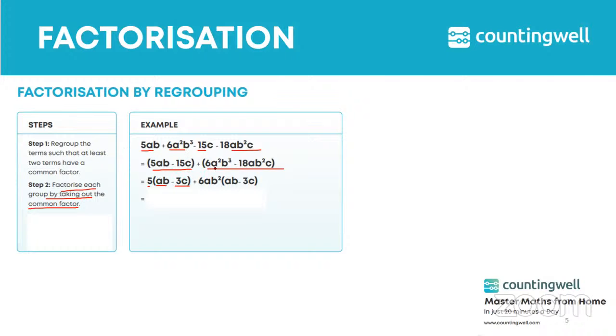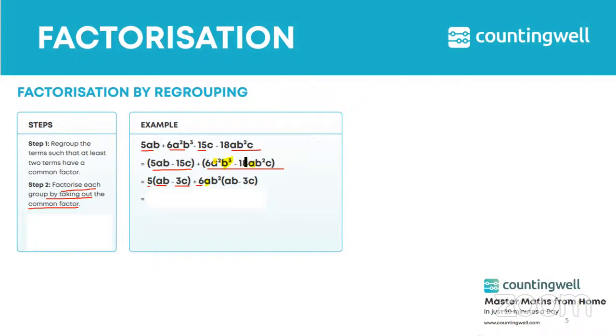For the second bracket, we have 6a square b cube minus 18ab square c. Here 18 is 6 times 3, so we have 6 as common among the constants. For the variables, here we have 2 times a, and here we have 1 time a, so 1a can be taken as common.